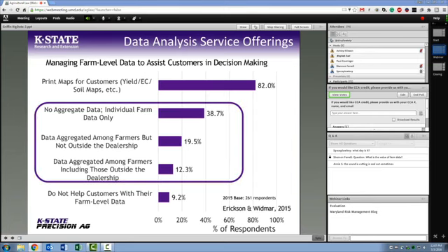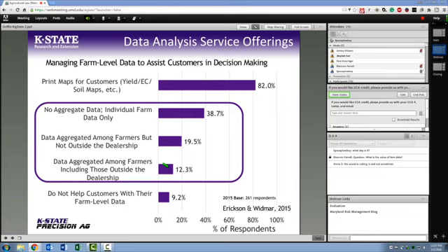Roughly 40% say we don't aggregate data together into a community, but we will analyze it at the individual farm level and provide recommendations back to our customers. 20% said we'll aggregate the data into, let's call it a community, and push back recommendations accordingly.